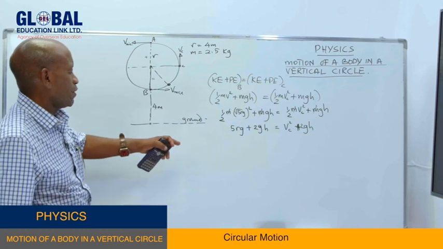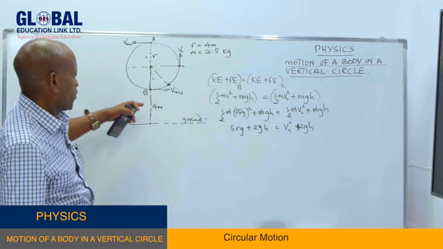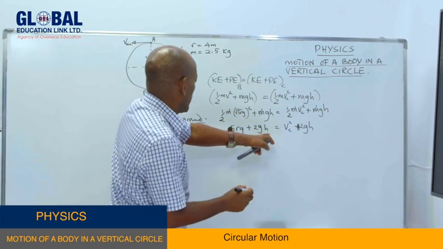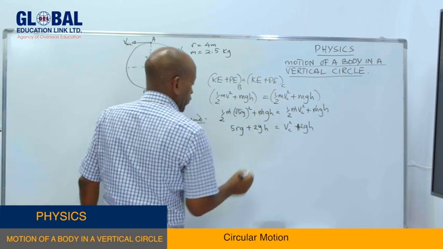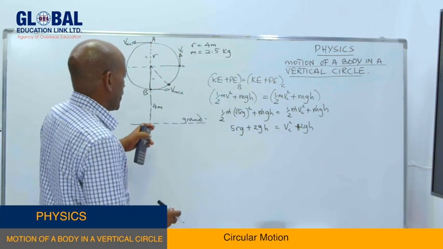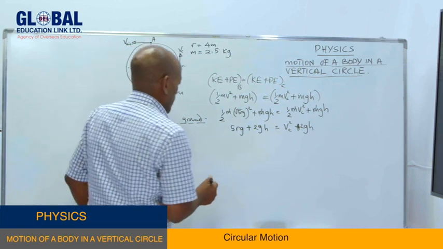And if I assign the values now, because I know the value for h at point B is 4 meters, I'm not going to take the numbers yet. I just want to get an expression for the velocity at that particular top.